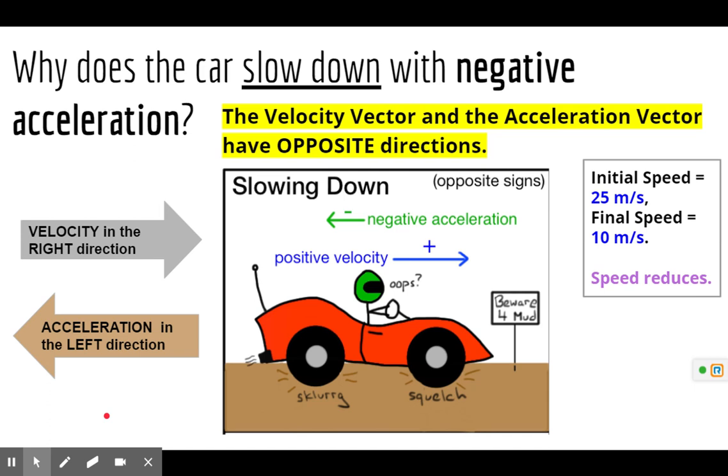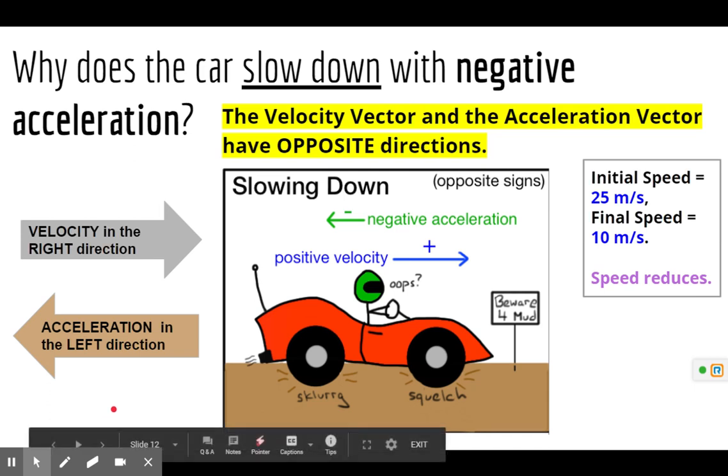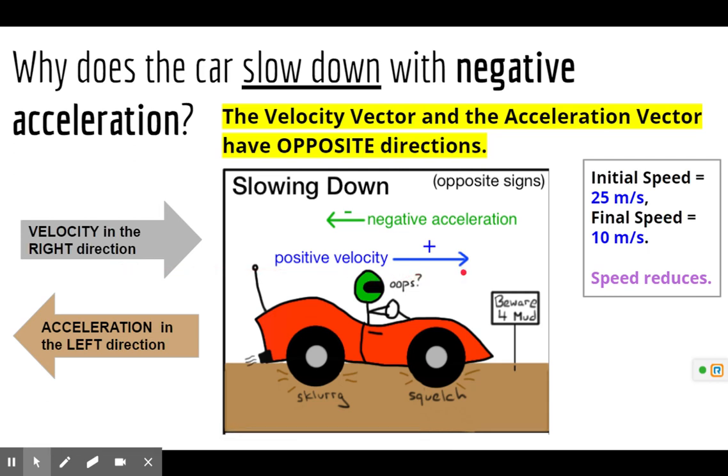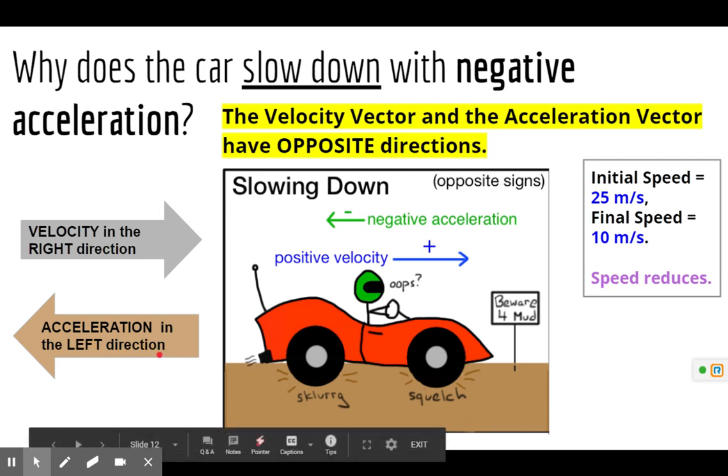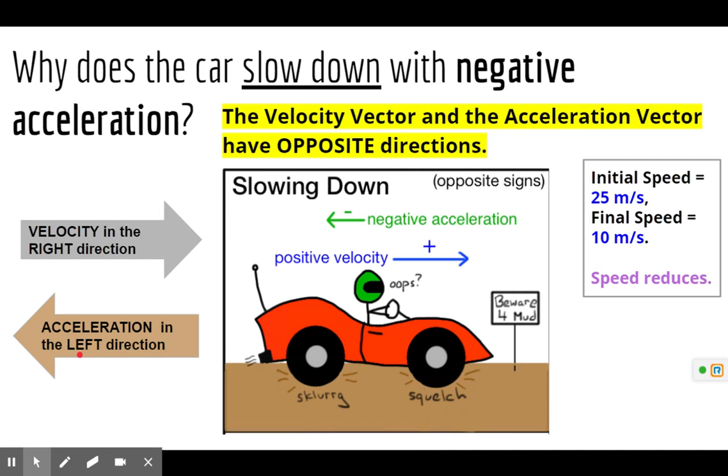The velocity vector and the acceleration vector have opposite directions. The velocity vector for the car is in the right direction. It has positive velocity down the road. The acceleration vector is in the opposite direction, in the left direction. Therefore, the car's speed reduces.